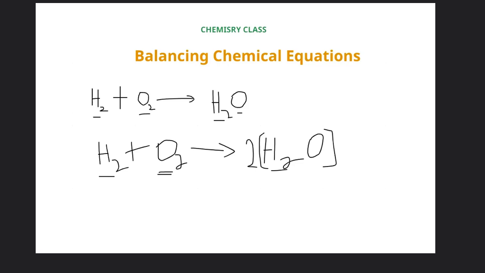But something has happened. The hydrogen has been affected. The left-hand side hydrogen is 2, while the right-hand side hydrogen is now a total of 4. If you have 2 in front of H2O, the total atoms of hydrogen there is 2 multiplied by 2, making it 4.